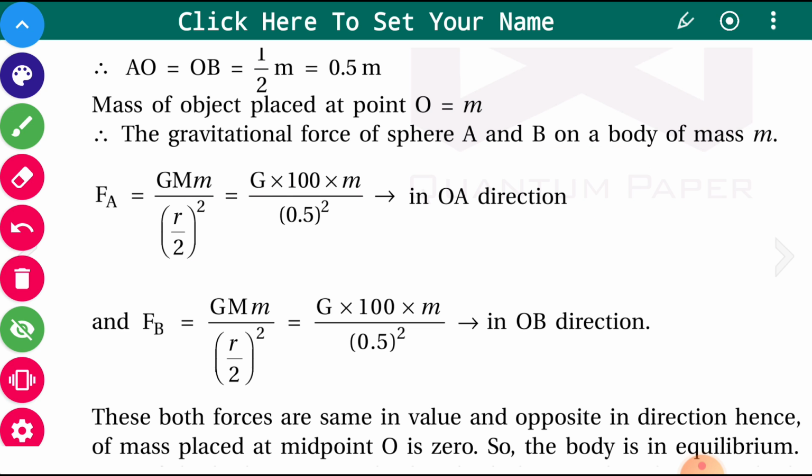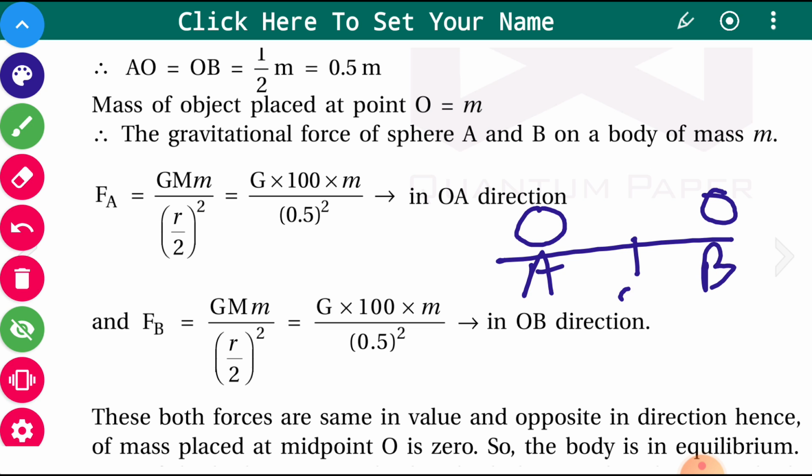So the direction of force will be in the OA direction. This is A, this is B, and mass m is placed here. An attractive force will be in the direction of OA. The force by B, OB, will be in the right hand direction. One is in the left hand direction, the other will be in the right hand direction.